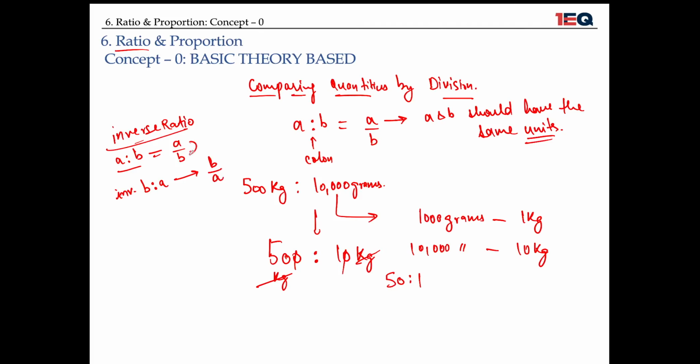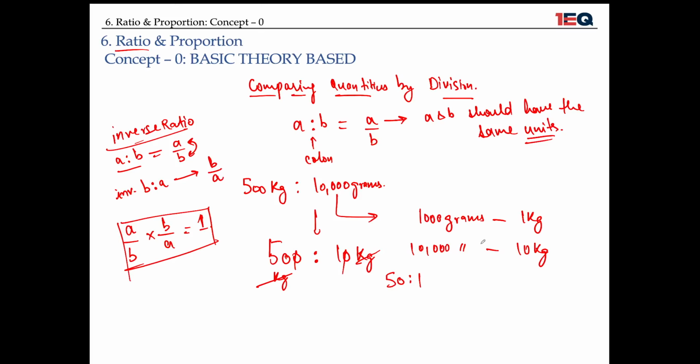We are doing nothing but interchanging the sides, the things in the numerator and the denominator. When I multiply the straight ratio by the inverse ratio, it would always come out to be 1. This is a very standard point and you must remember it.